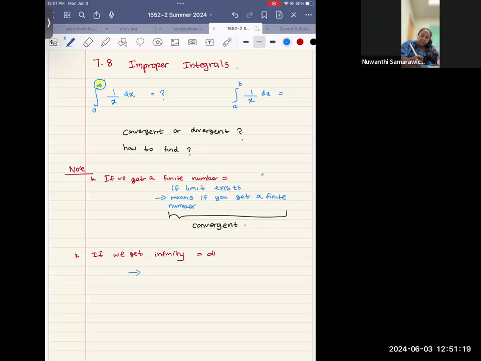So we say this whole integration is divergent. Your integral will be divergent if you get infinity. Okay, this whole thing we call an improper integral.